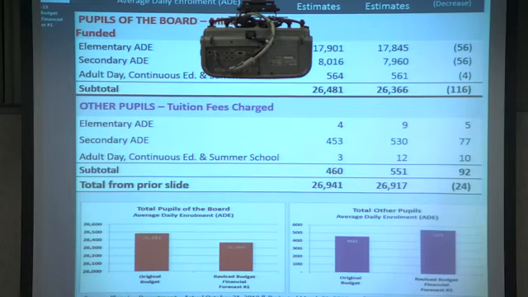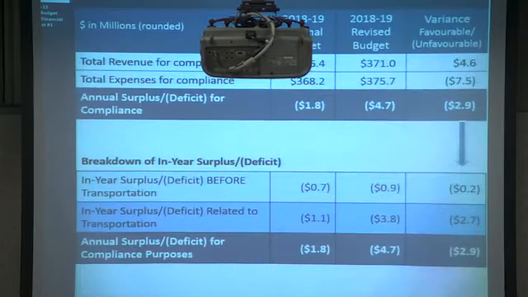This slide highlights the revenue, expenses, and deficit for ministry compliance purposes. If you take a look at the top half of the slide, the first column is the original approved budget. Our second column is our revised budget. As previously mentioned, the approved budget recorded a deficit of $1.8 million.